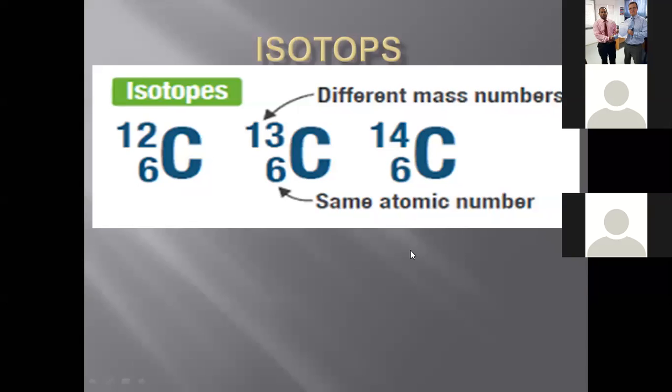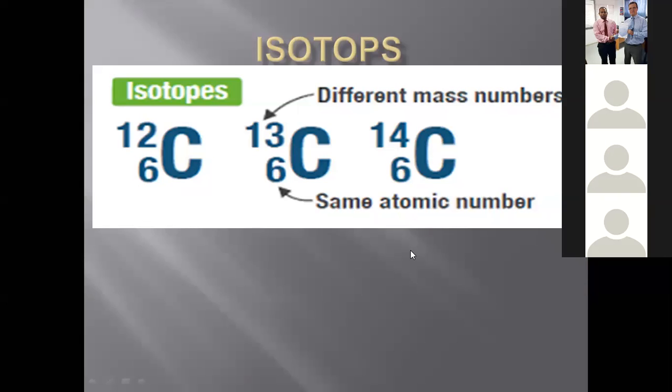Kareem, how many neutron? 5. No. You have to subtract to find the number of neutron. Subtract 13 minus 6. 7.